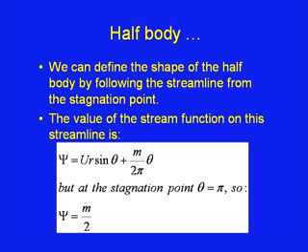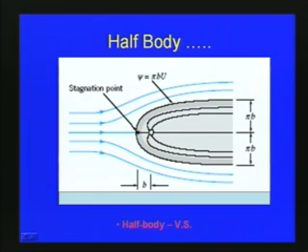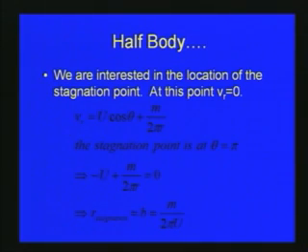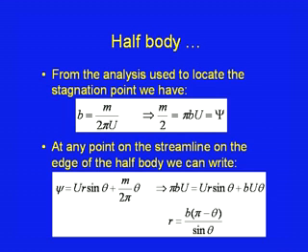On the surface of this streamline, psi is defined as pi b U, or finally we get psi is equal to m by 2. So that is the value of the stream function on the surface of the half body: psi is equal to m by 2.